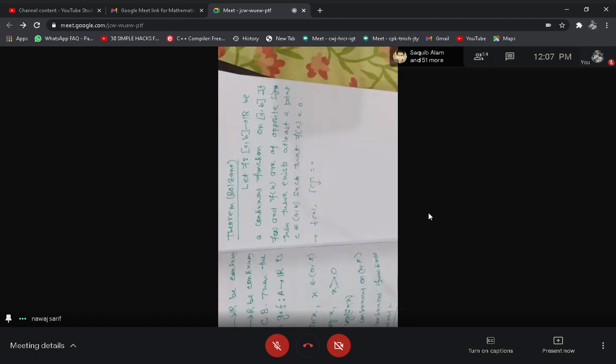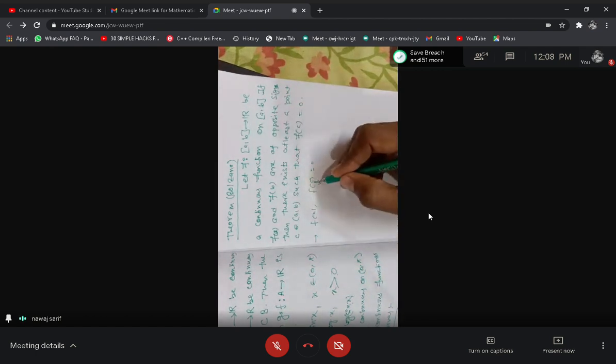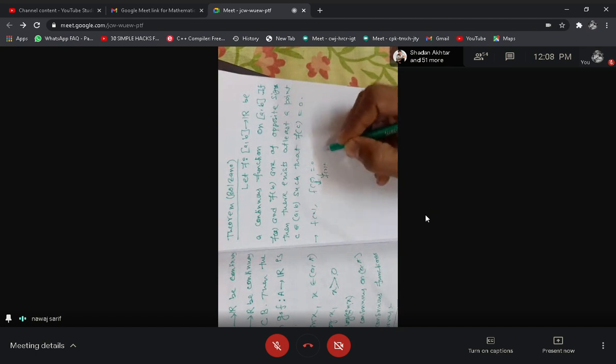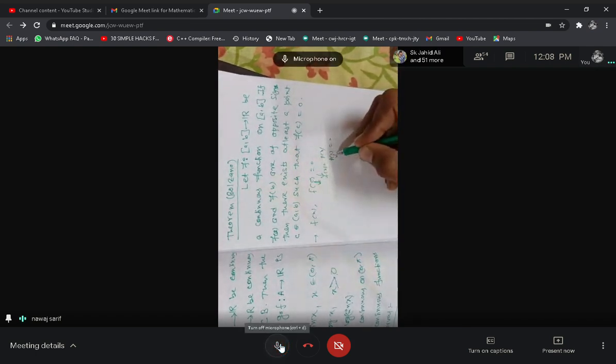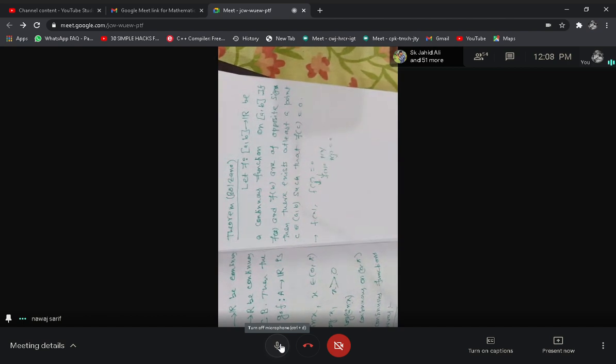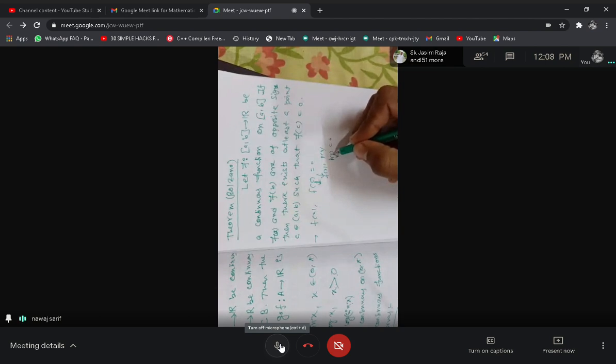C is a point on the x-axis. Okay, and if you assume that f(x) is a polynomial, any polynomial, and at some point p of c equal to 0, then what is this c? This c is a root of that polynomial.